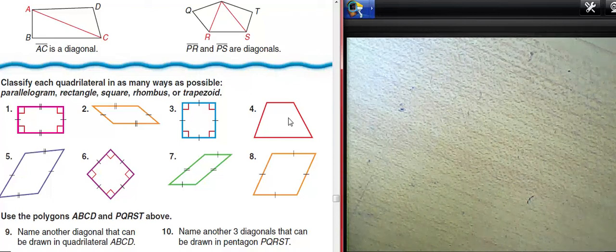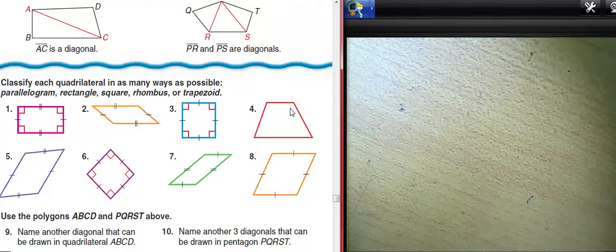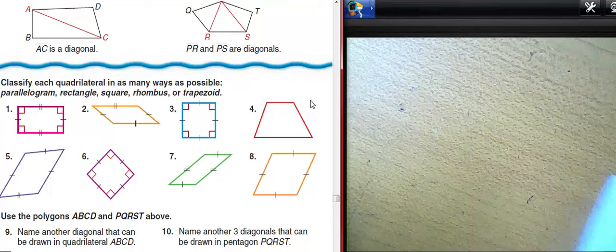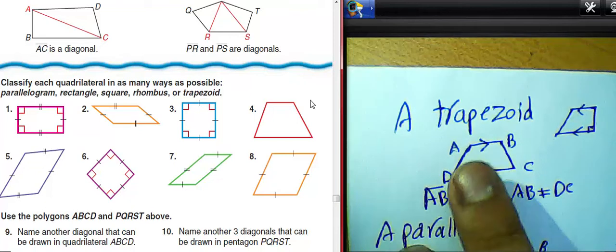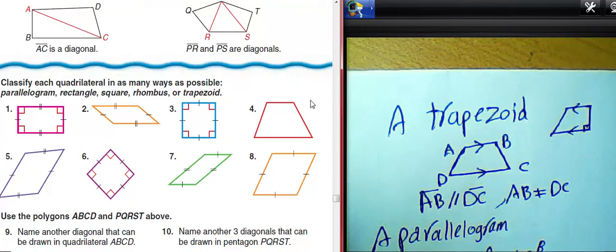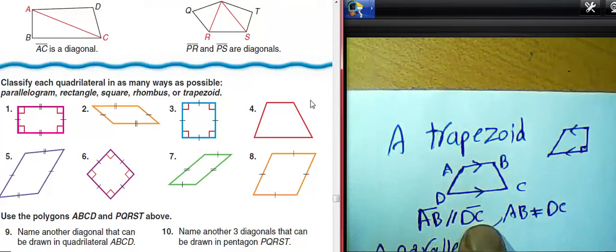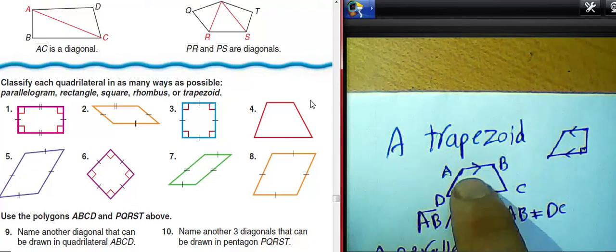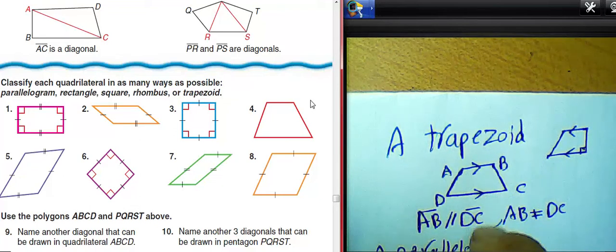It was a trapezium because we have 2 sides parallel and not equal in length. Okay, such that this figure is a trapezium. It's like question number 4. Okay, it's a trapezium. It's a quadrilateral. We have 2 sides parallel and not equal in length.